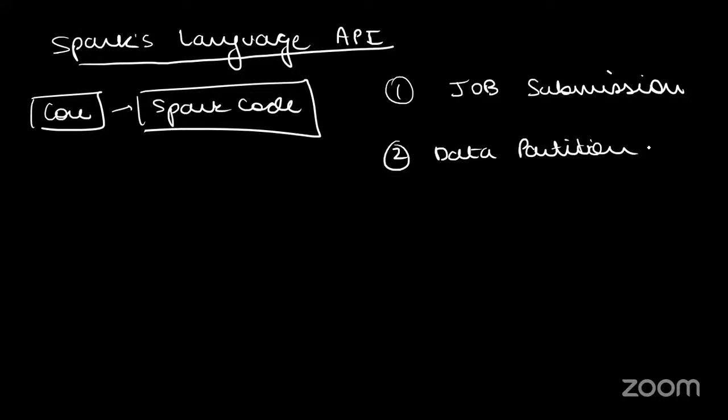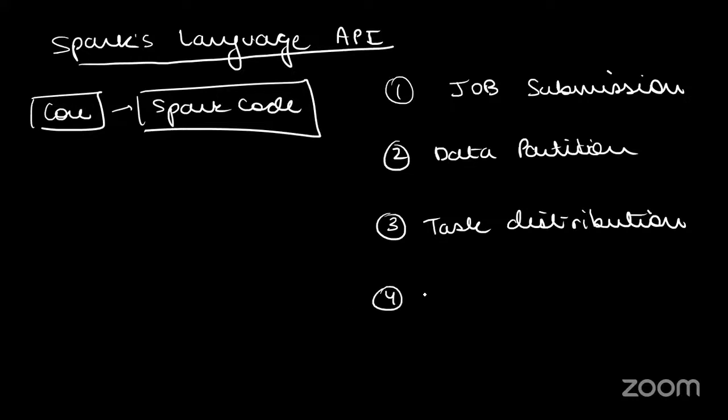Once the data has been divided, you will have task distribution. The driver will send the partitions, the smaller chunks of data that it has created, along with the code that will be processing the data. That task will be distributed by the driver to the executors.